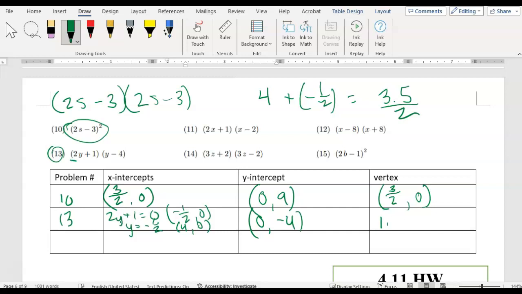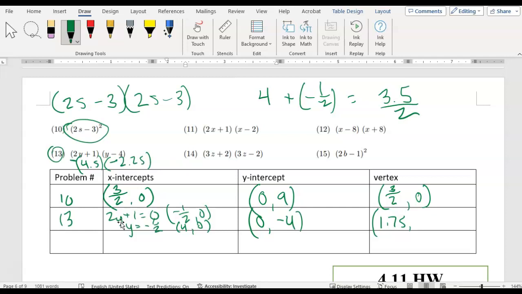So 1.75 is the x value for that, and then you would need to go back in and plug that in here to see what you get for y. So 1.75 times 2 plus 1 is 4.5, times 1.75 minus 4 is minus 2.25.